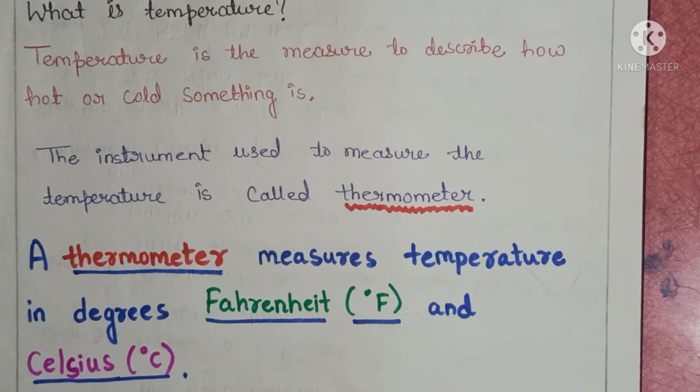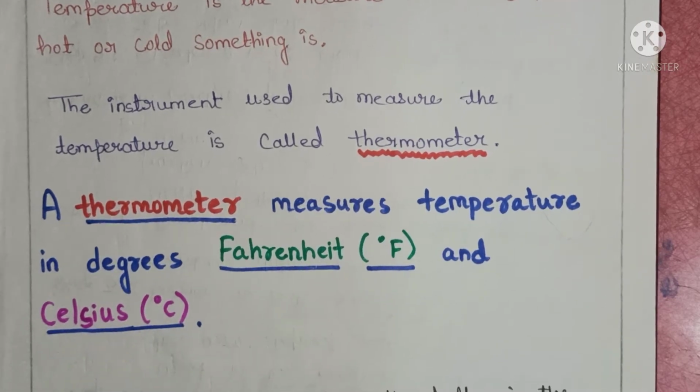A thermometer shows the temperature of the air. It shows how warm the air is. So, have you all seen a thermometer, children? Yes, we all have seen a thermometer, and it finds out how hot or how cold the object is.